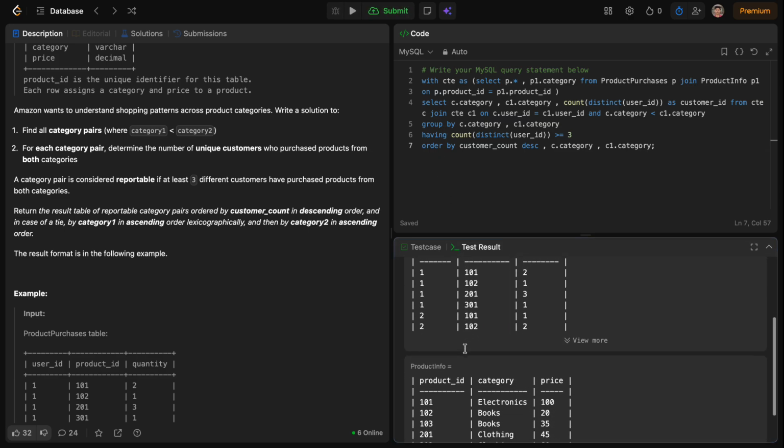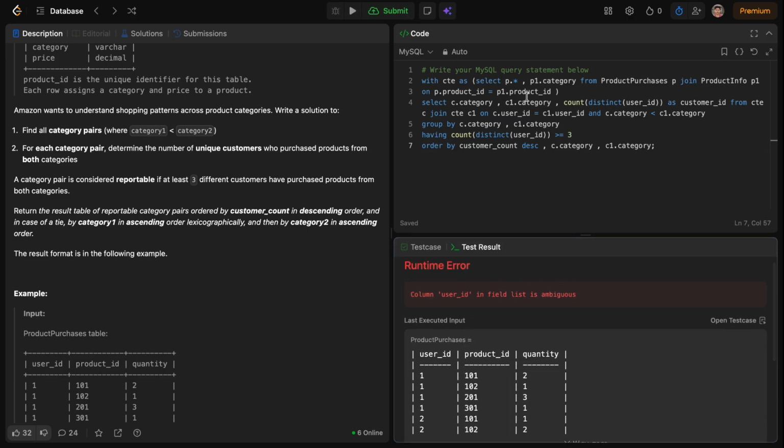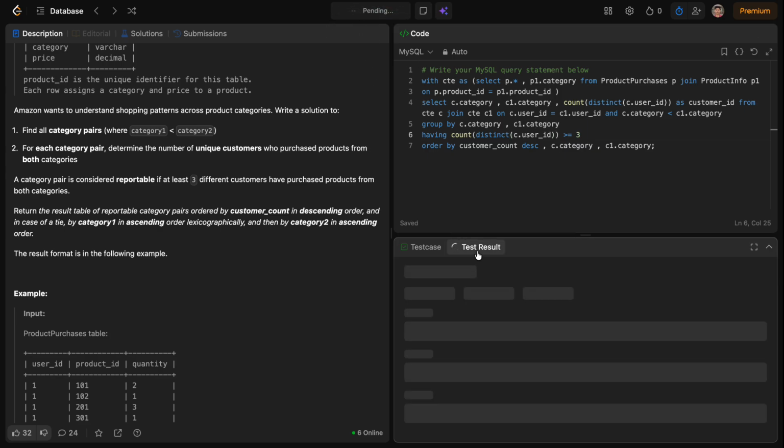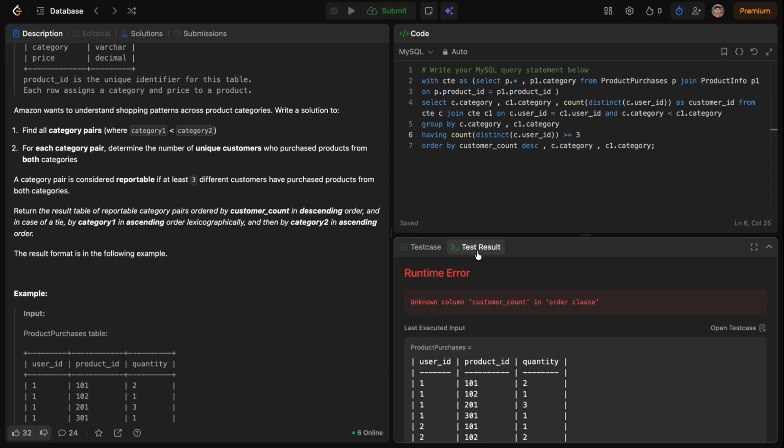What did we miss here? The user ID. It should be C dot user ID, and here also C dot user ID. Now run this. Customer count. Where did we miss customer? We wrote customer ID here.